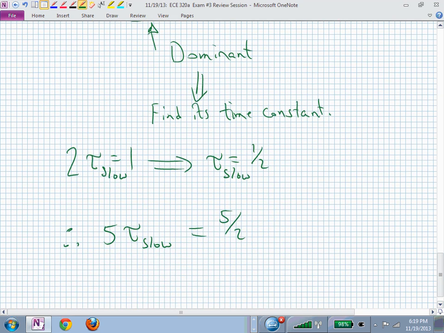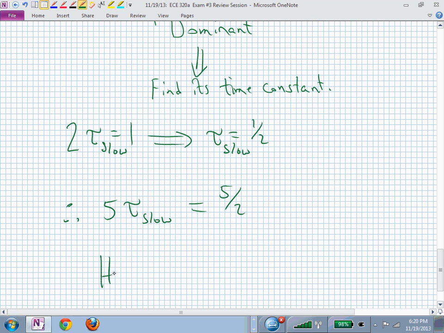That's how long you could wait, and then you're in sinusoidal steady state. And then you could say, oh, what am I going to be doing after I wait 2.5 seconds? Now that's when you evaluate h at the appropriate frequency, and we didn't talk about what that frequency of excitation was in this example.